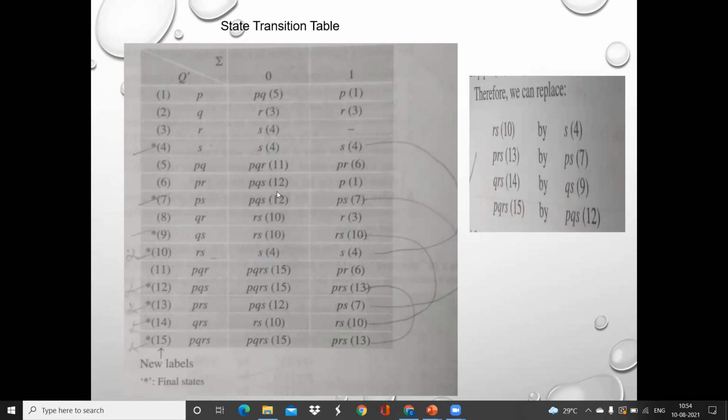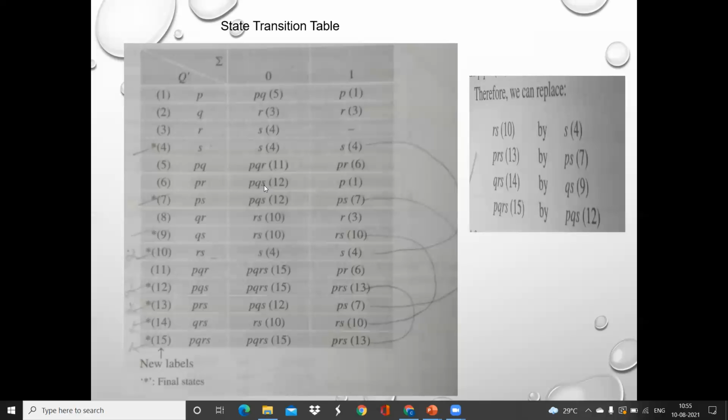So the transitions for these two states are the same. Now if you check their type, you'll see that state number 4 and state number 10 are both final states, so their type is also the same. It means we can say that state 4 and state 10 are equivalent states. So we can either replace 4 by 10 or replace 10 by 4.